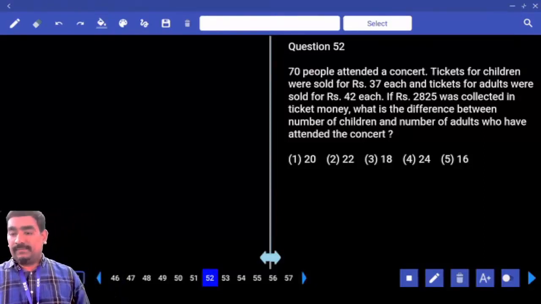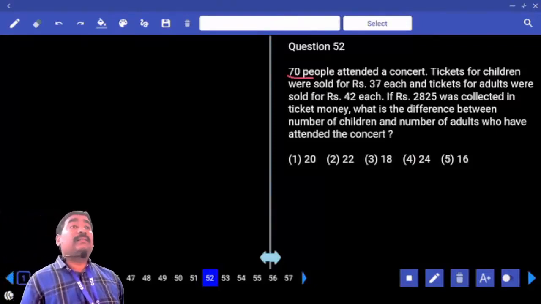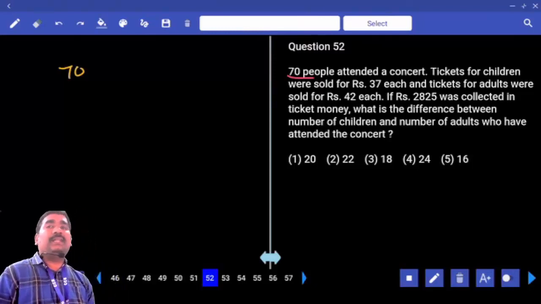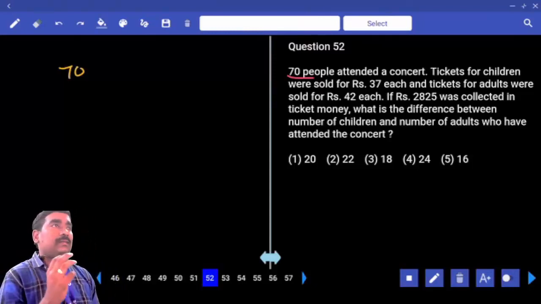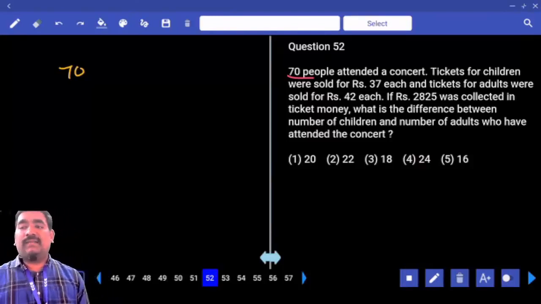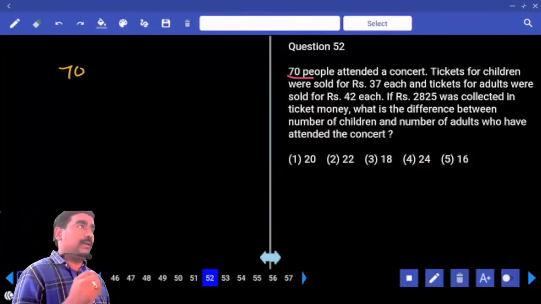Think logically. How many members are there? 70 members are there. In that 70, some of them are children, some of them are adult. Children ticket cost is 37, adult ticket cost is 42.